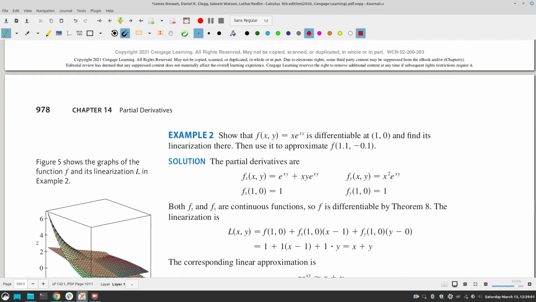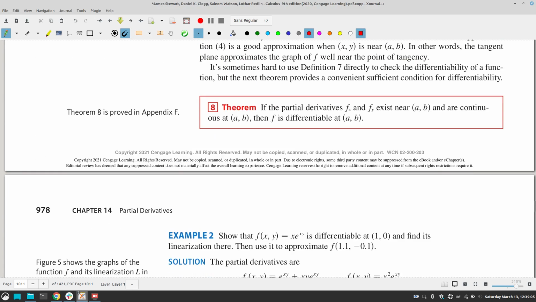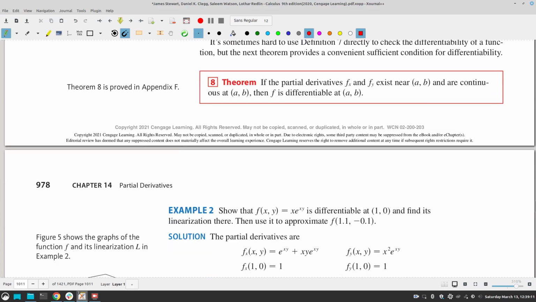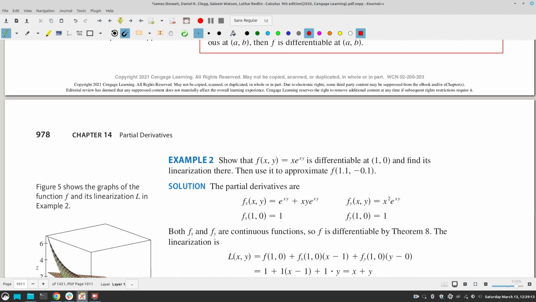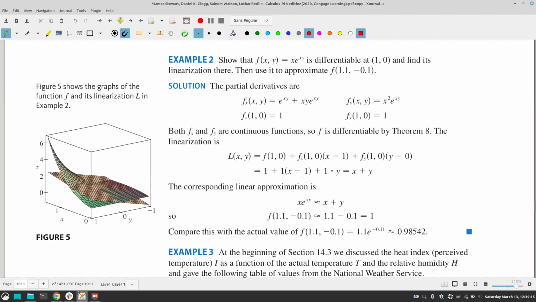So we want the partial derivatives to exist near a, b, and we want them to be continuous at a, b, or x naught, y naught. And this function satisfies both conditions, since they're continuous everywhere.